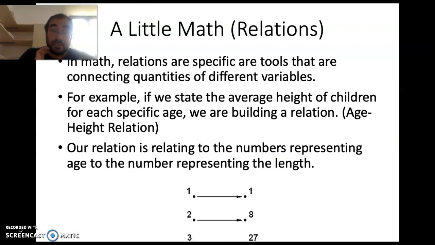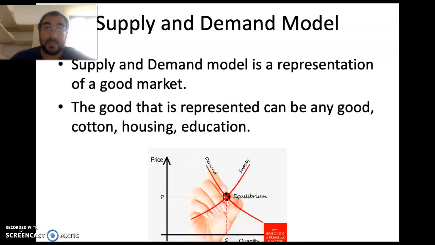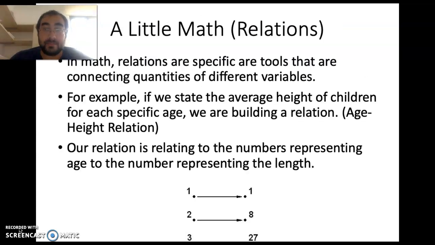Before going into the main topic, I also have today a specific part on math, which I got the impression is necessary for this topic. That part is on basically the relations. What is a relation?